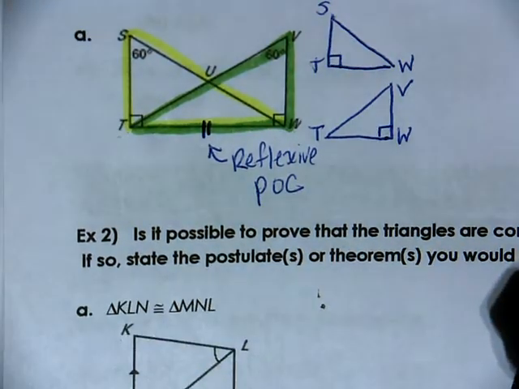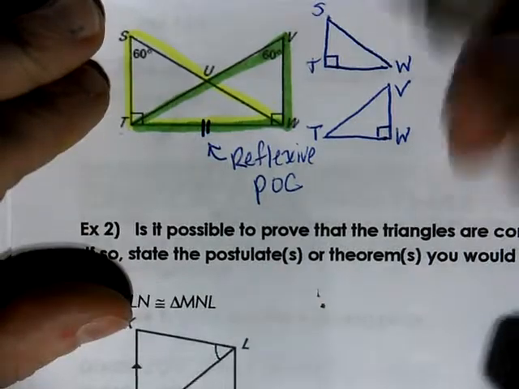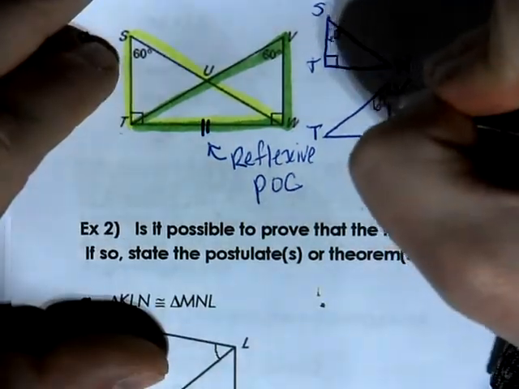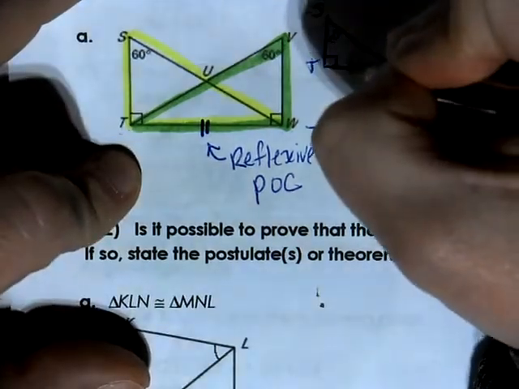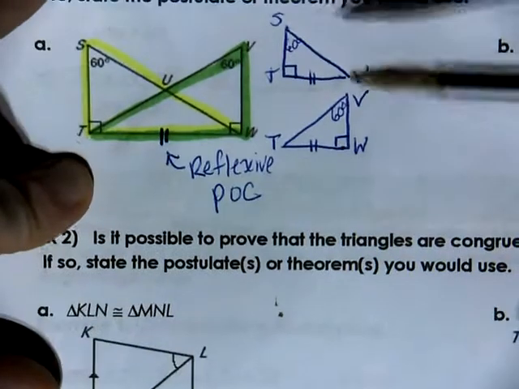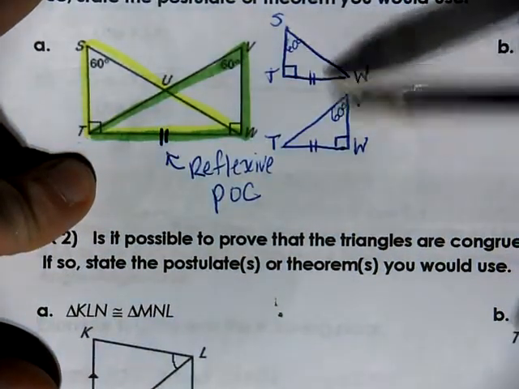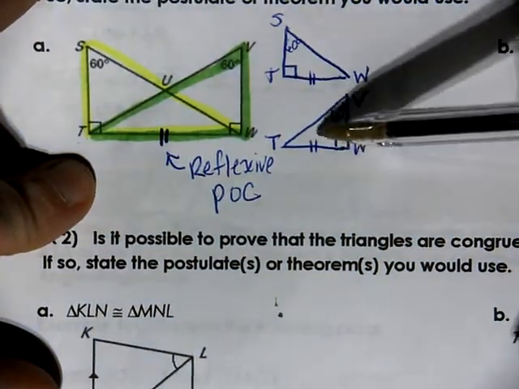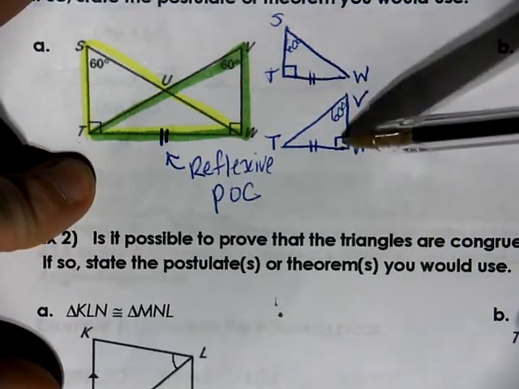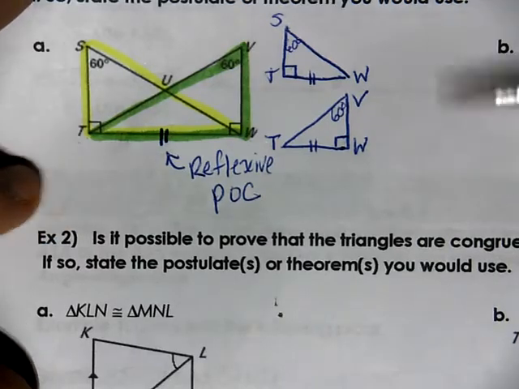So according to this, S is a 60-degree angle, and V is a 60-degree angle. And then they both have in common TW and WT. So looking at these, I see angle, angle, side. And the side that we're interested in touches just the right angle in both of these triangles. So we would say, yes, they are congruent by angle angle side.